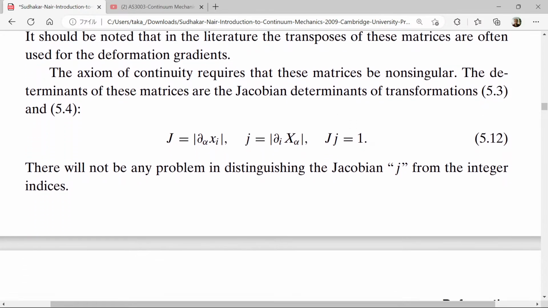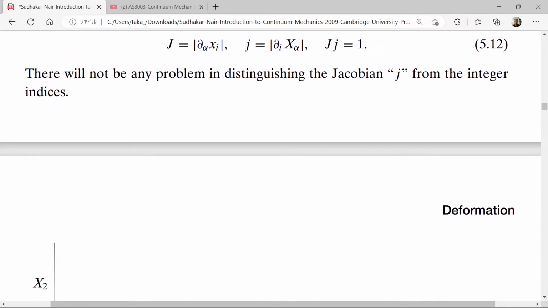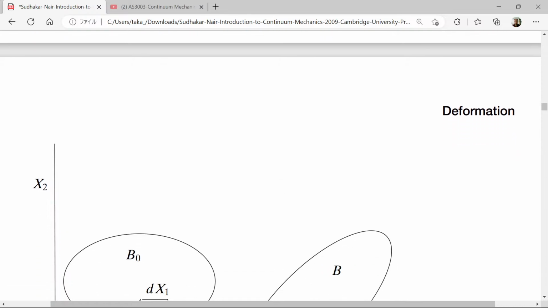Axiom of continuity requires that these matrices be non-singular. The determinants of these matrices are the Jacobian determinants of deformation 5.3 and 5.4. There will not be any problem in distinguishing the Jacobian J from the integer indices.